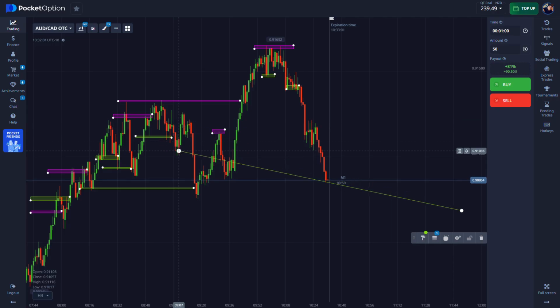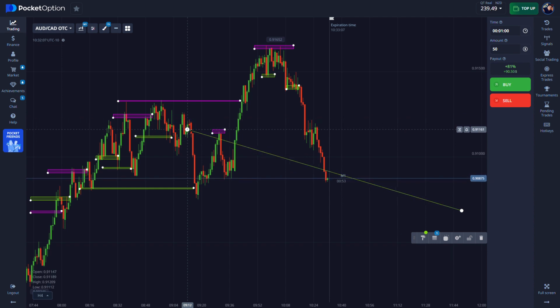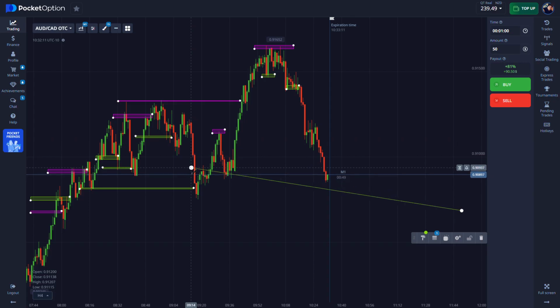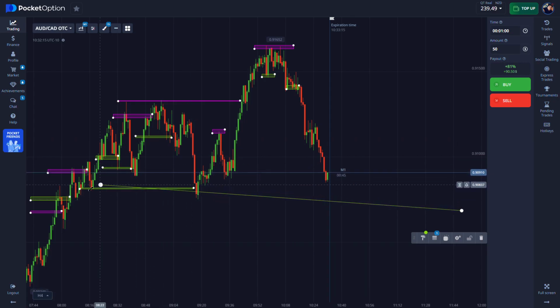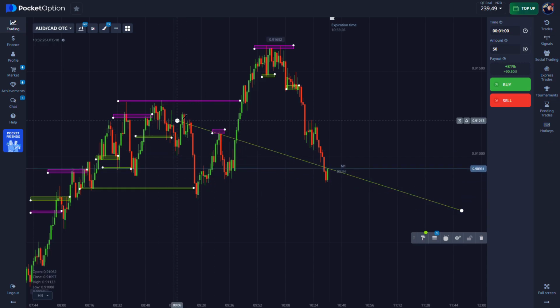Sellers would have come in here, took out the sellers, created equal highs, consolidating, bringing in new buyers, taking out the buyers, taking out the equal lows that are here as well. Then continued. This is what fuels the market: taking out buyers to go up, taking out sellers to come down.